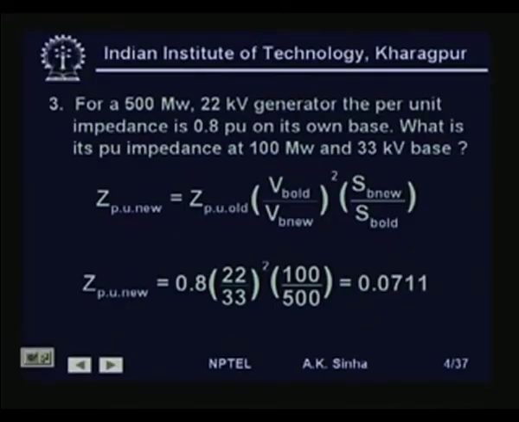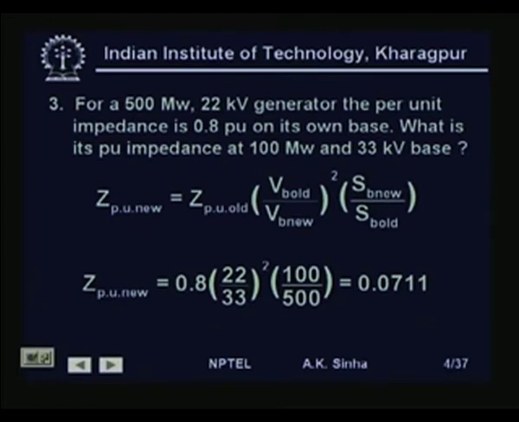The third question was, for a 500 megawatt 22 kV generator, the per unit impedance is 0.8 per unit on its own base. What is its per unit impedance at 100 megawatt and 33 kV base? As we had seen in lesson 2, the Z per unit on the new base is given as Z per unit on the old base multiplied by old V base divided by new V base whole square, multiplied by new MVA base divided by old MVA base.